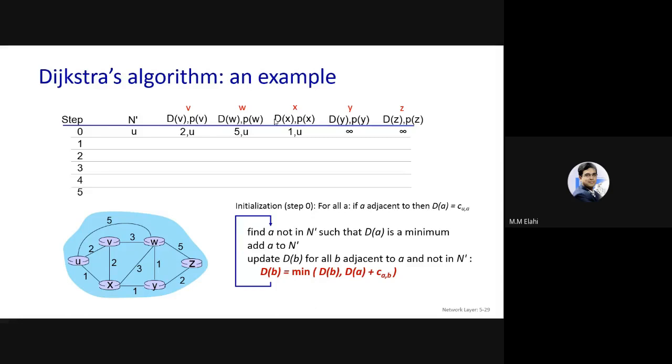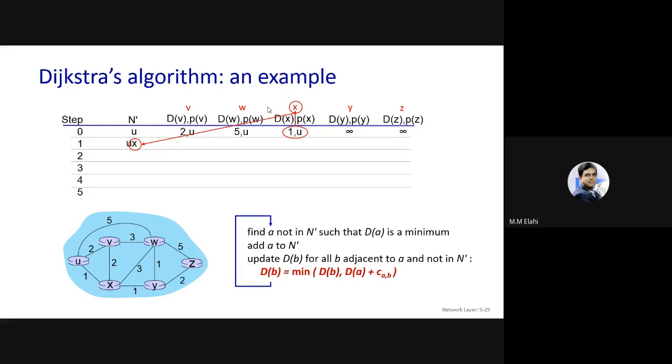So simply the first task will be add A to N prime. Sorry, add X to N prime. That A means X in our case. So X has the minimum value. So your first iteration, your first instruction will be add X to N prime. Why we add X to N prime?